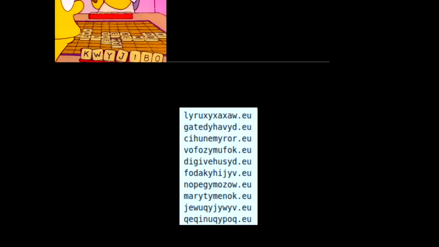That's one issue. The second issue is Quaijibo. Now, Quaijibo is a DGA engine that surfaced a few years ago. And it draws its name from an incident in an episode of The Simpsons where Bart is playing Scrabble against Homer.